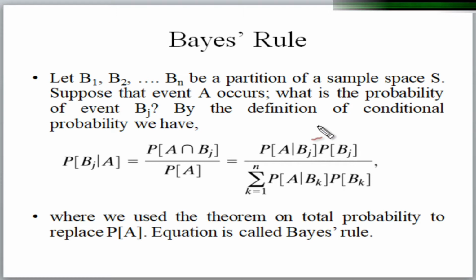So let us have an example. Suppose we have a test, and from that test we have got a positive result for a cancer. Let us find the probability. We have a test, and that is the test of breast cancer.